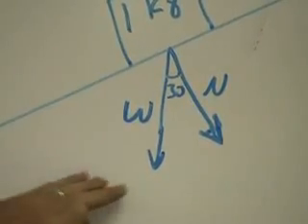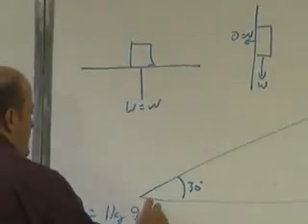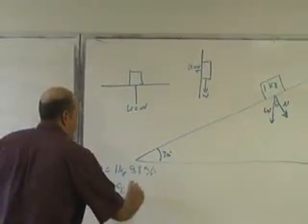So really what we've got is the force of gravity is this weight. So what's our weight? Our weight is 1 kilogram times 9.8 meters per second squared. That's 9.8 newtons.